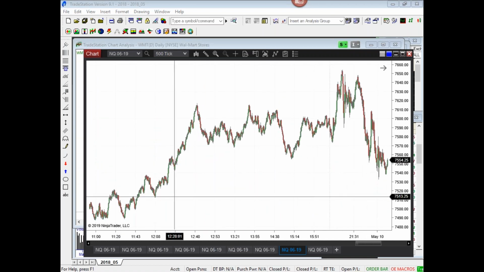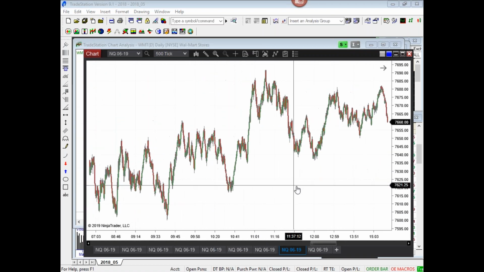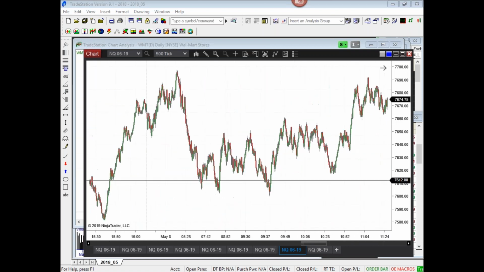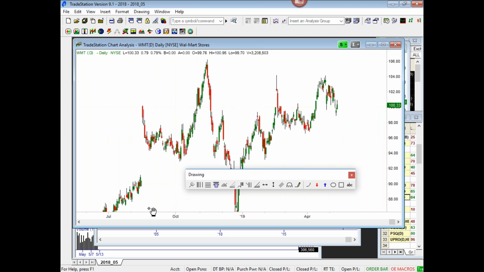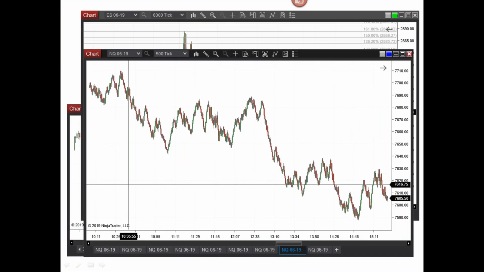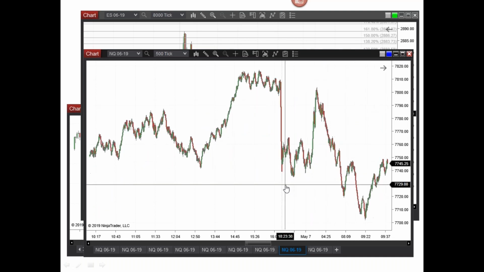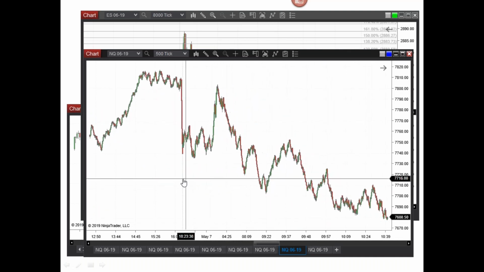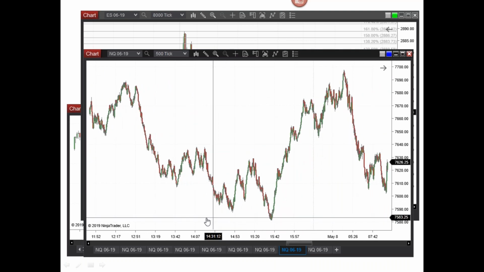So it's kind of like, quite that zone. Oops. Let's see, where's the one I was looking for.